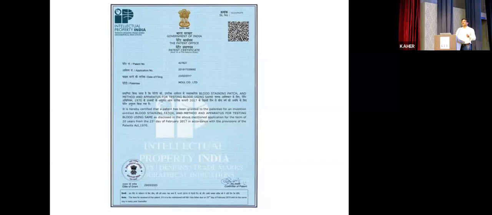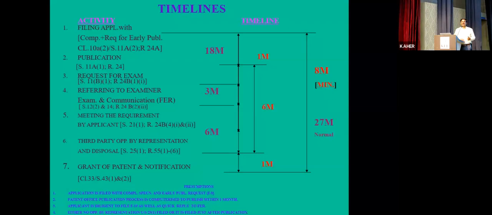So ultimately you will get a grant of a patent. After this you have to maintain that patent. This is the procedure of filing and processing a patent application. Normally it takes 27 months, and by the expedited route it takes 8 months.